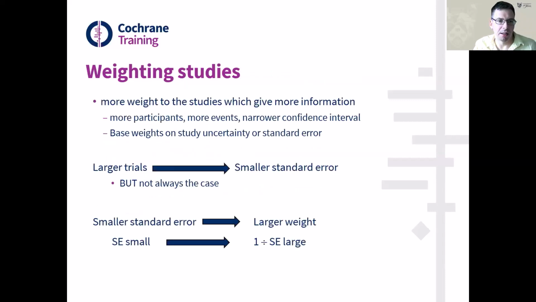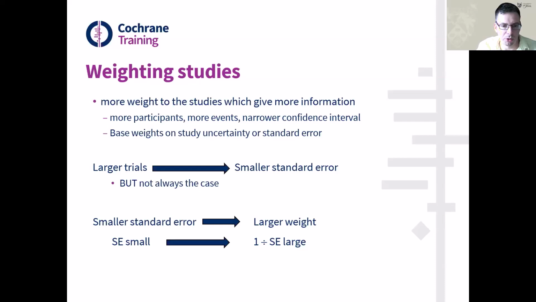Well, generally speaking, it makes conceptual sense that the more information, the more participants, the more events, generally the larger the study was, the more weight or the more influence it should have in our meta-analysis. We should be thinking the bigger studies should be more influential in our meta-analysis in some way. So we want our larger studies to have more weight.